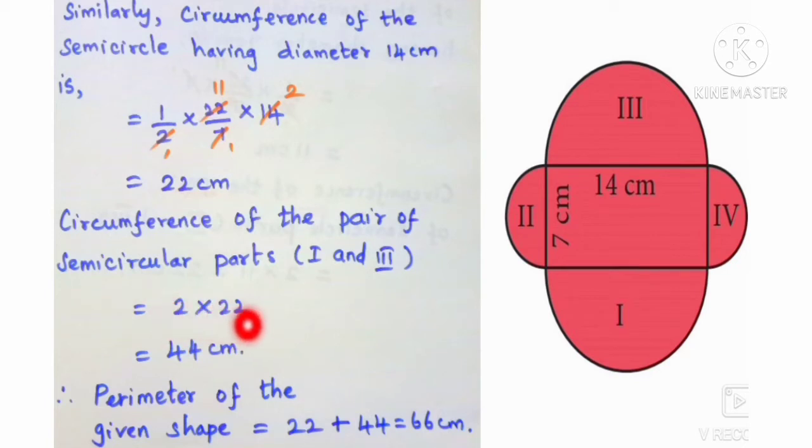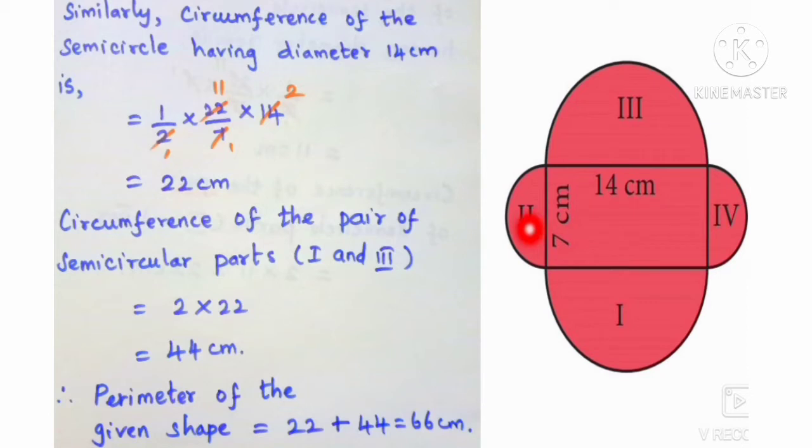That is 2 into 22 is 44 because these two semicircles are equal and having same diameter as 14 centimeter. So students, we get the circumference of all the semicircles 1, 2, 3 and 4.